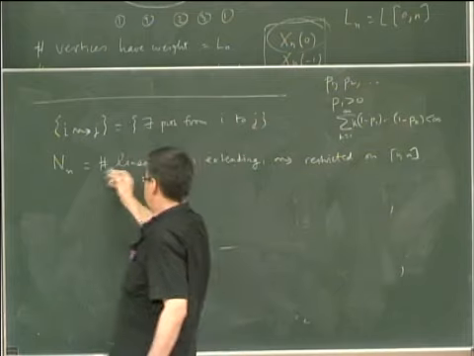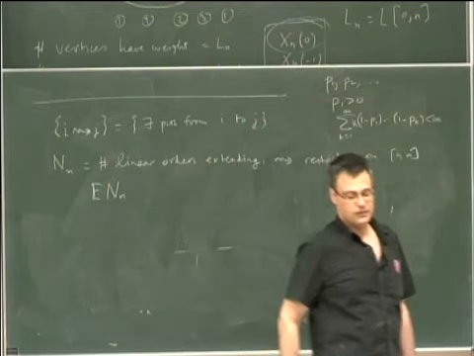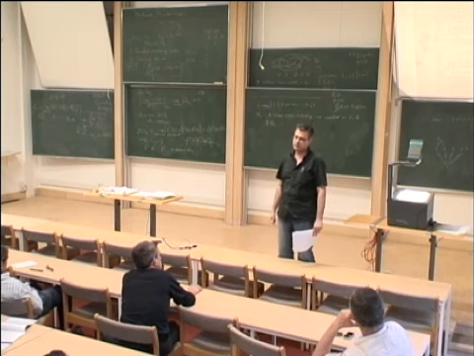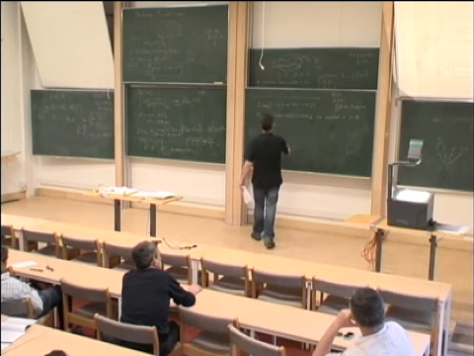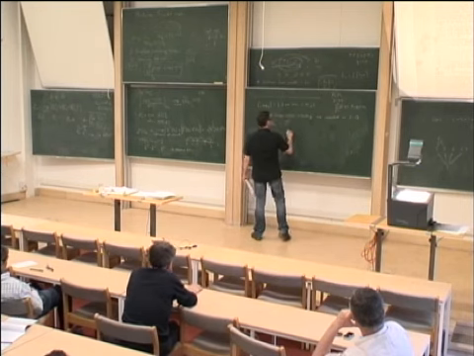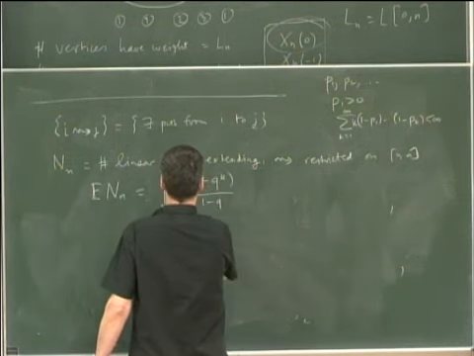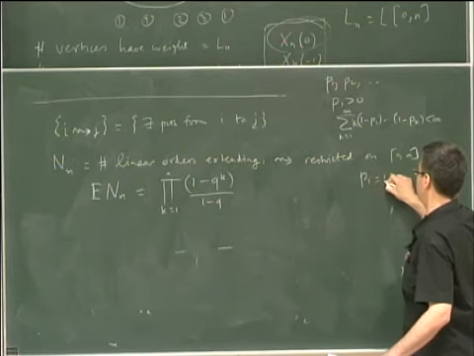They found that it's not difficult to compute the expectation of N_n. The expectation of N_n is precisely equal to the number of inversions in a random permutation of length n. And this is the product of (1 minus q to the k) divided by (1 minus q), k equals 1 to n. Actually, they only work in the case where all the p_i's are equal to p.